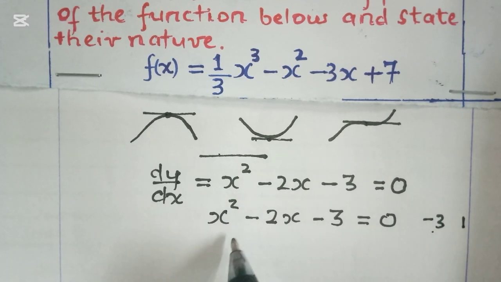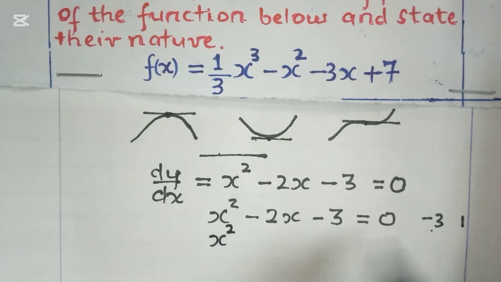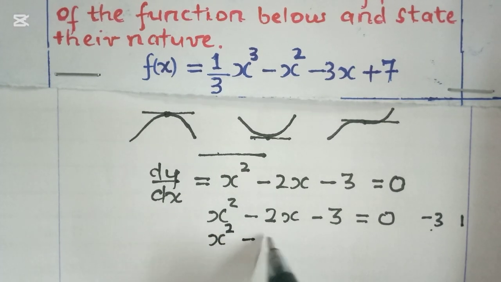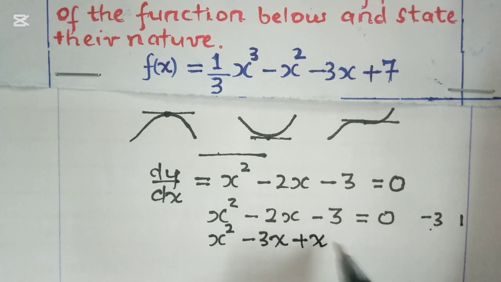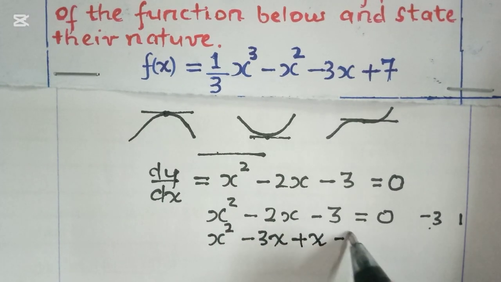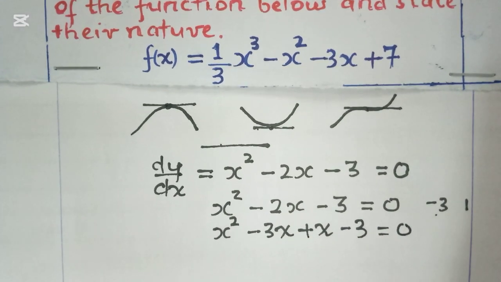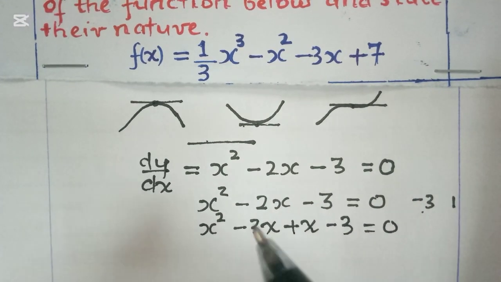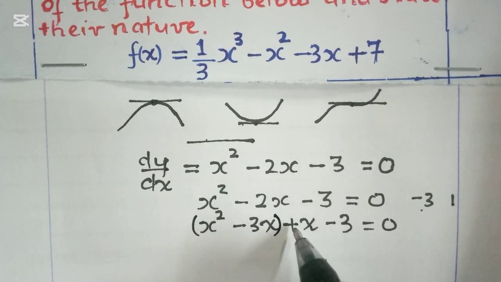So we write x squared minus 3x plus x minus 3 equals 0. Then we can divide this equation into 2, like that.